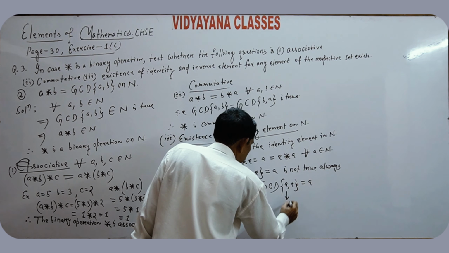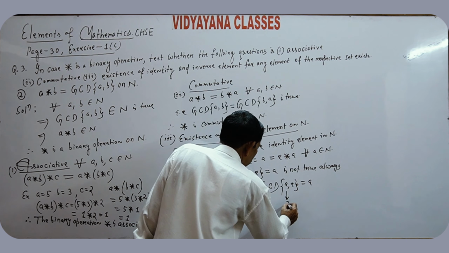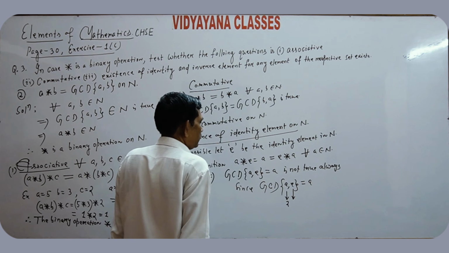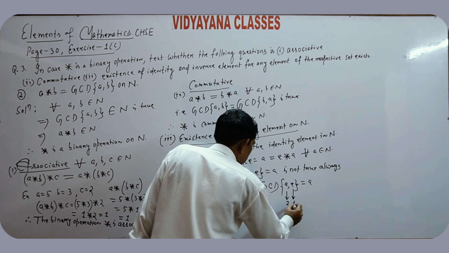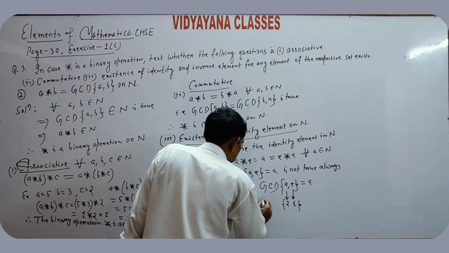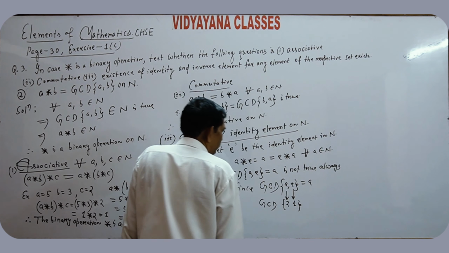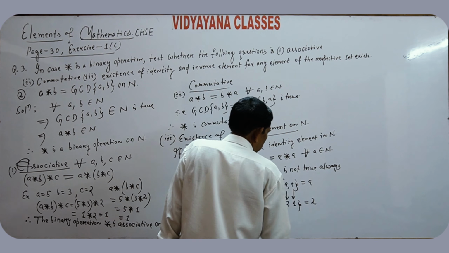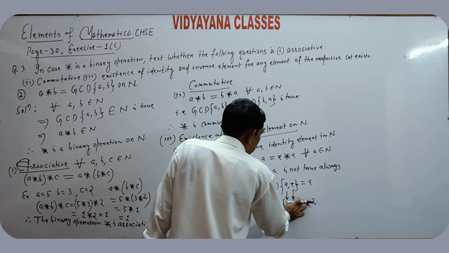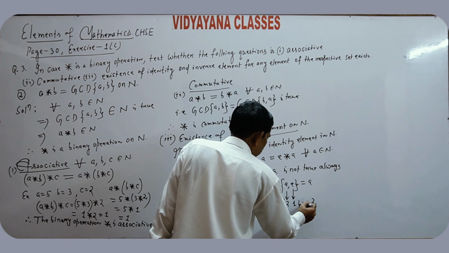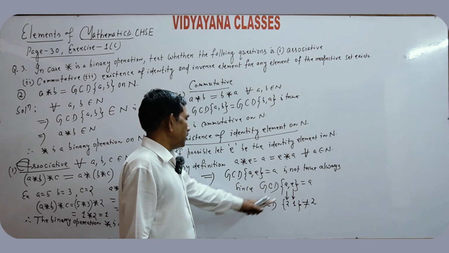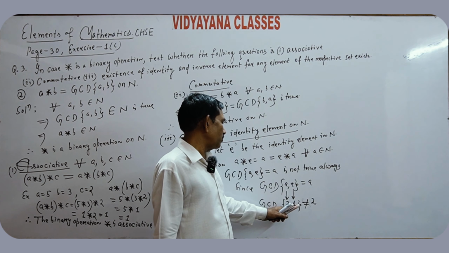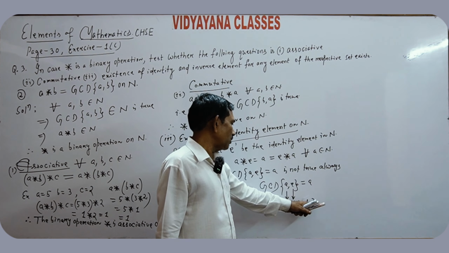Suppose A is taken as 2 and E is taken as 1. GCD of 2 and 1 is 1, which is not equal to 2.